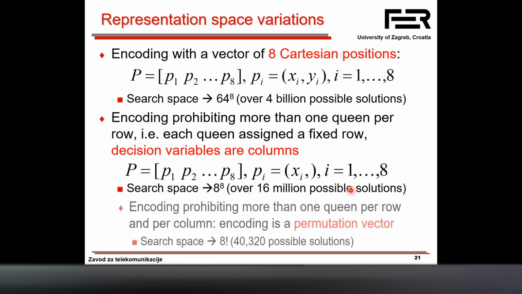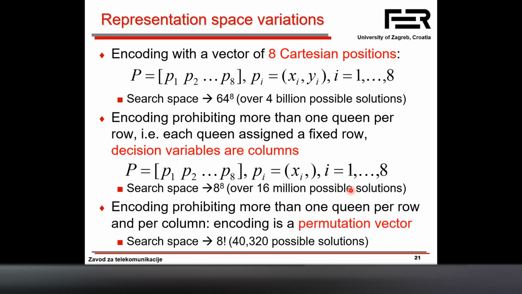One more solution I had indicated here is that, in addition to the fact that each queen can be assigned to a fixed row, we also know that we can only have 1 queen per column, right? So in that case, the encoding is simply a permutation vector, which is going to tell us, for the first queen, we have a choice of 8 columns in which we can put it.